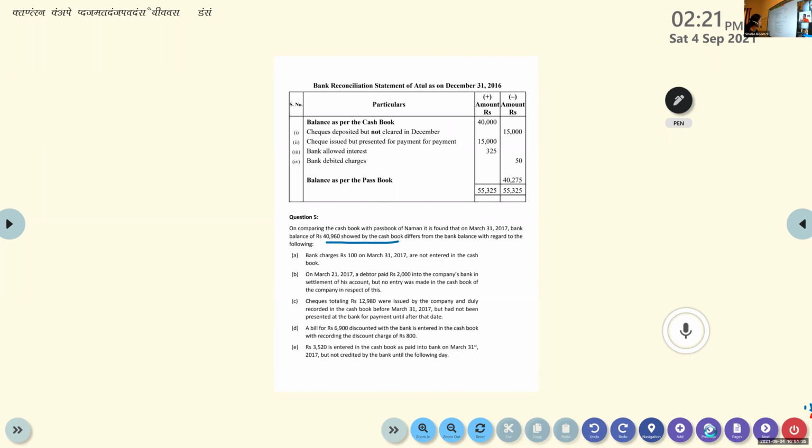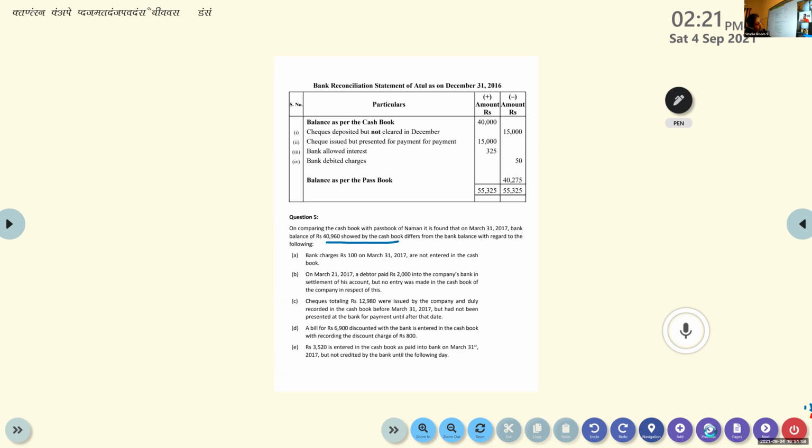There was a check of amount 12,980 issued by the company. It was issued. So I told you, please write it on top of that sentence. Check issued means the business gives the check.